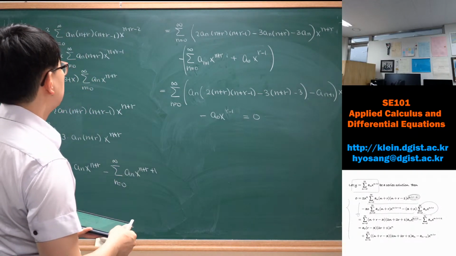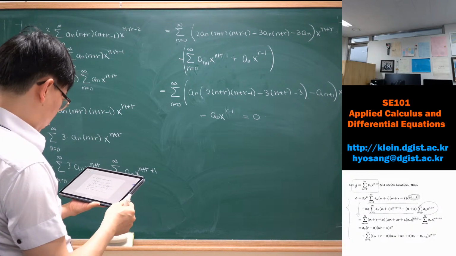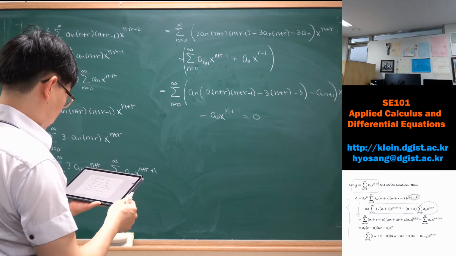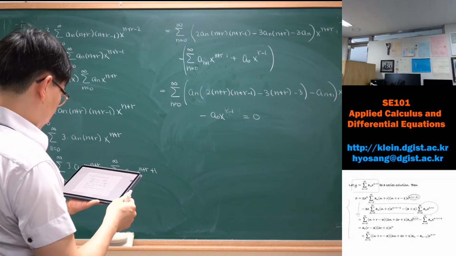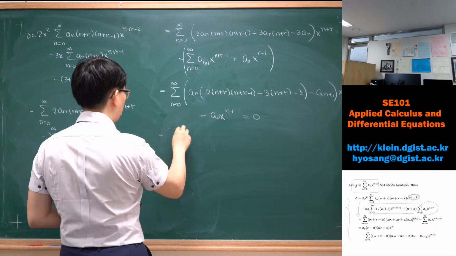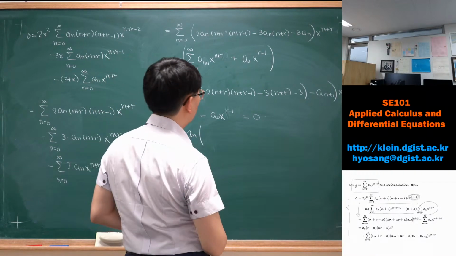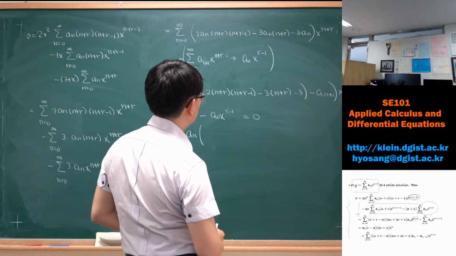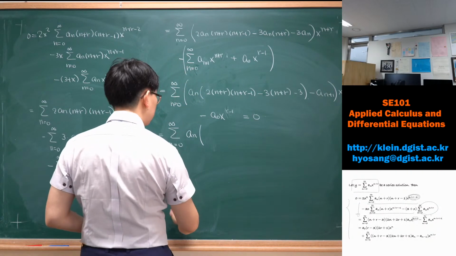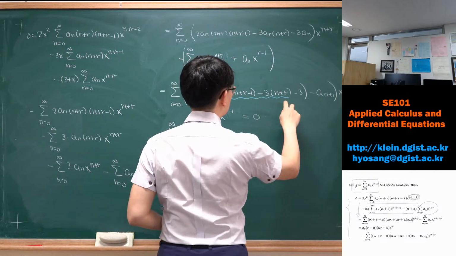So n plus r minus 1. Okay, let's try to compute this. So let's keep doing this. It goes to infinity, an. I'm trying to make this part simpler.